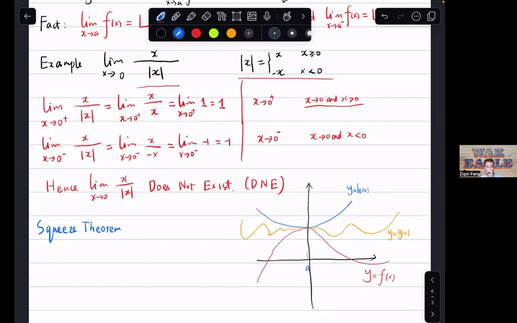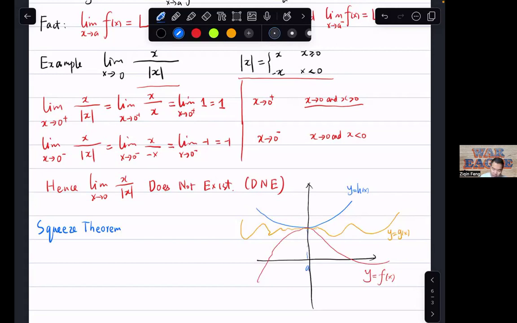You can see that if your top function h goes to a place as x goes to a, your bottom function f also goes to the same place. Whatever is in between will be squeezed into the same point at that number. So that's basically our squeeze theorem.